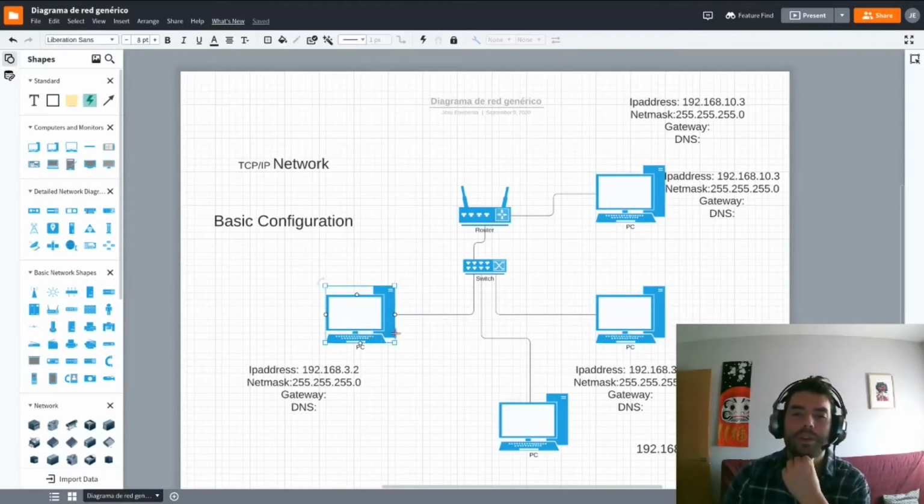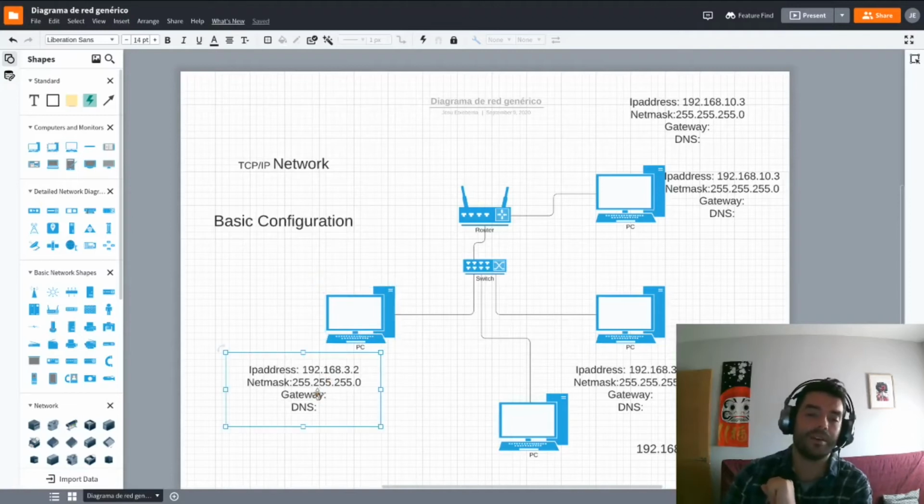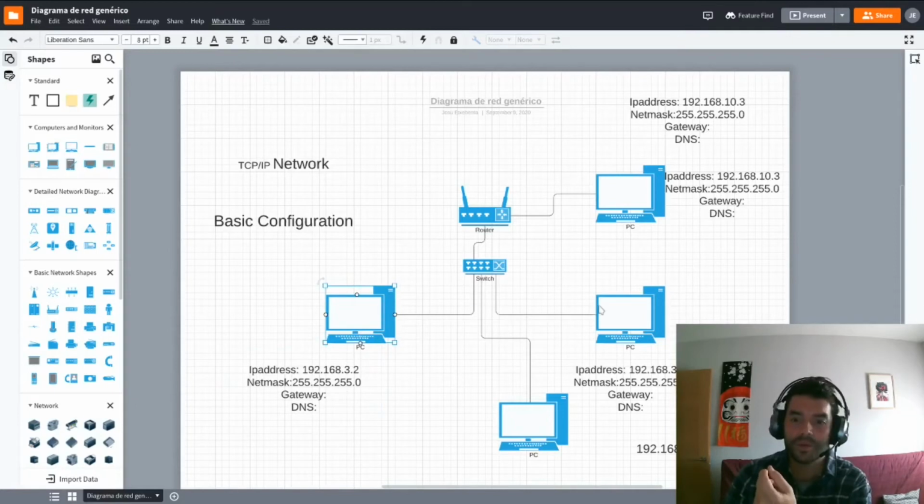But what will be that connection? Well, first of all, we have talked about IP addresses and net masks, but we also can configure the gateway. What is a gateway? A gateway is a very simple concept. This computer knows every computer that is in its own network. So this computer knows where this computer is.